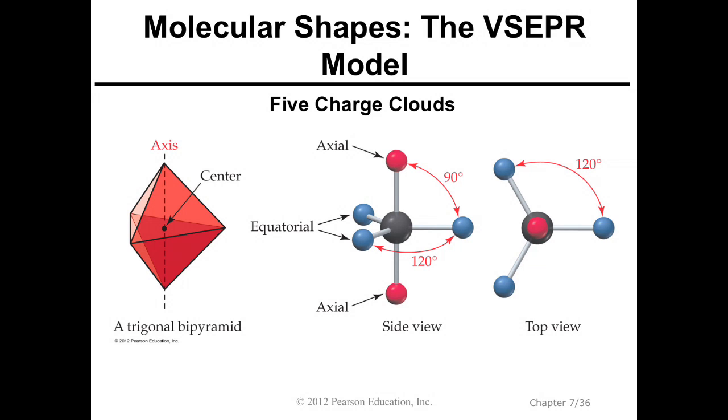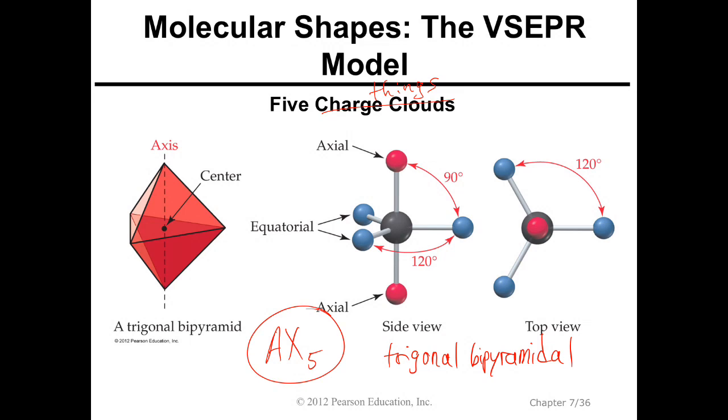All right, so five things around a center. We would call this a trigonal bipyramidal structure, and I would call this AX5. Since you now have five atoms bonded to a central atom, the central atom A has to be something in the third row and beyond, because it has to be able to exceed its octet.